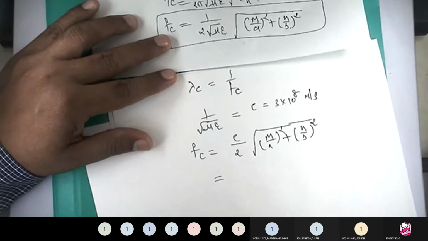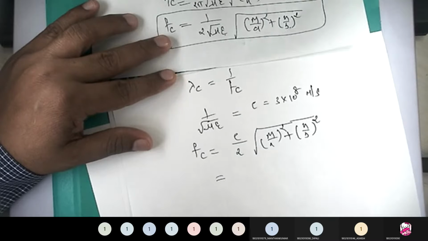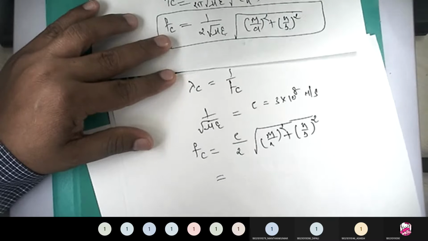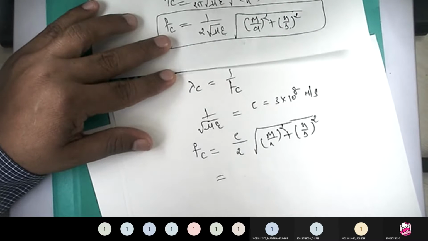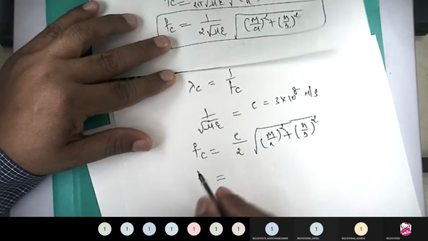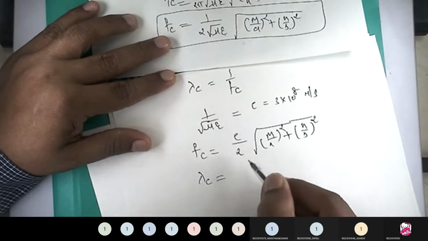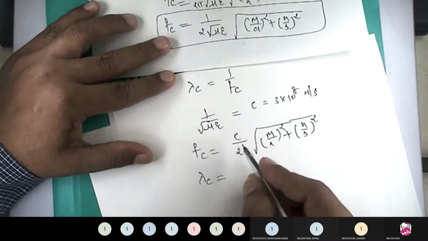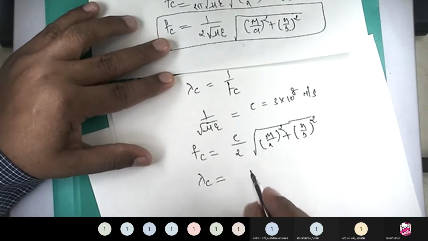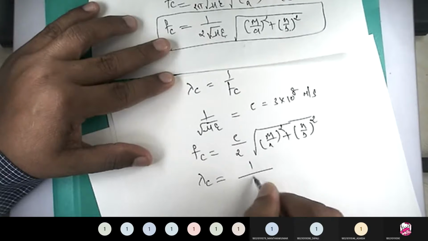So this way I have another expression which expresses the cutoff frequency in terms of the speed of light. Now the cutoff wavelength lambda c is nothing but the inverse of this number, that is, 1 over fc.